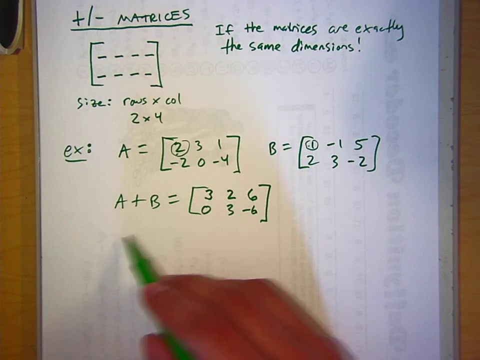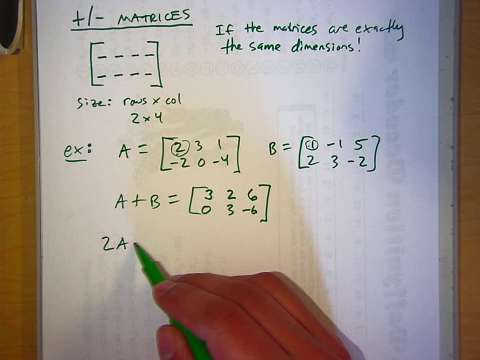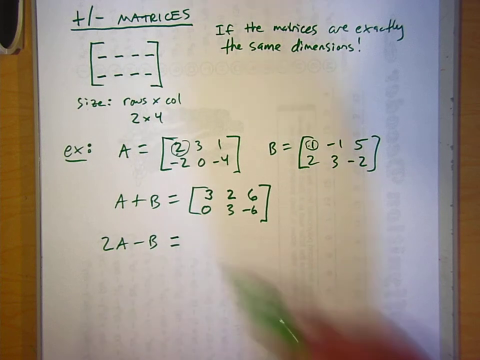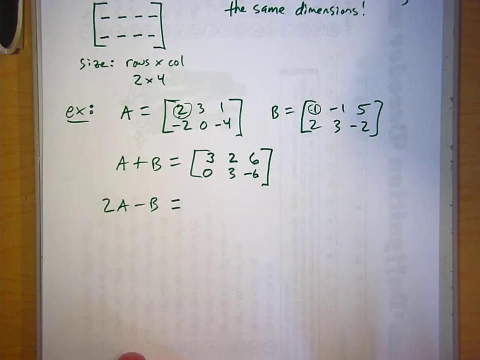What if I asked you to do 2A minus B? Why don't you guys try that one real quick? What is that going to look like?